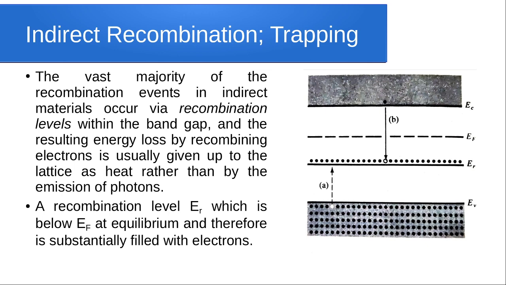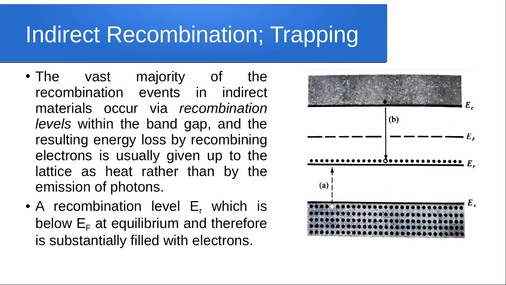Normally, this recombination level is below the Fermi level. And because it is below the Fermi level, this level will be occupied by the electrons at normal condition.